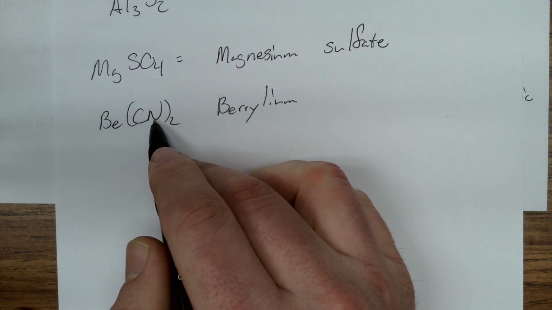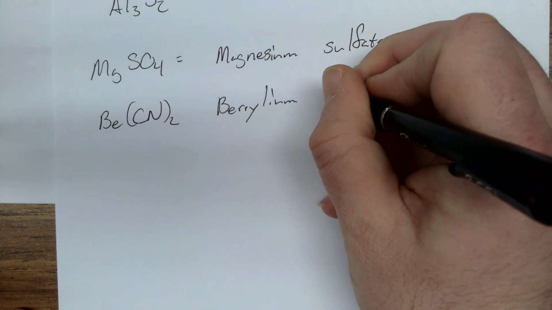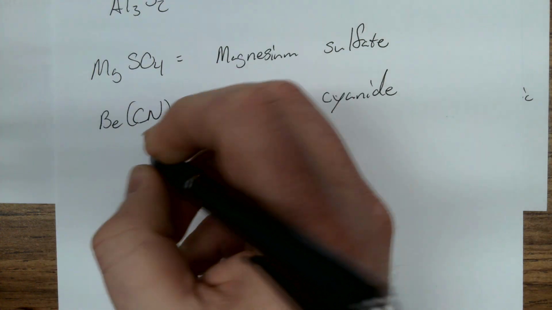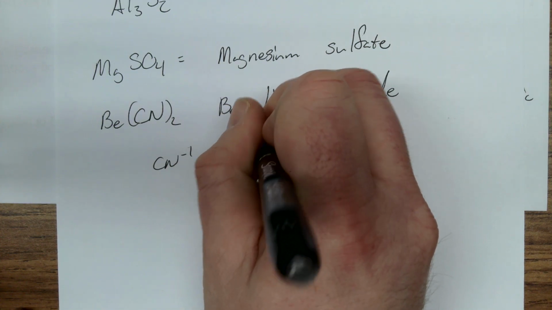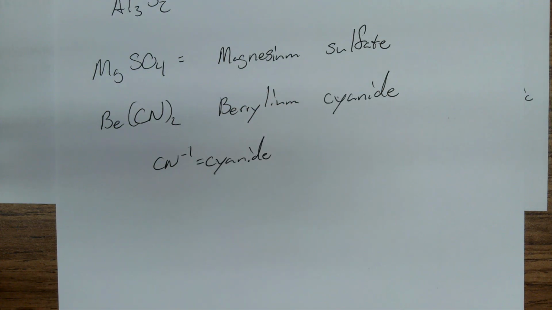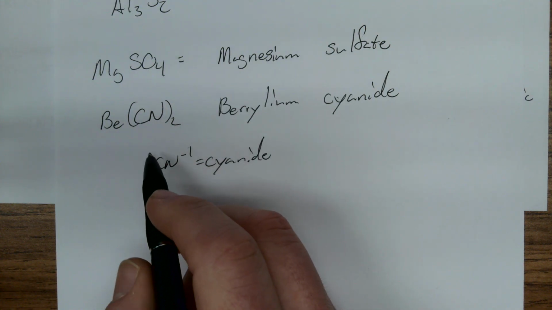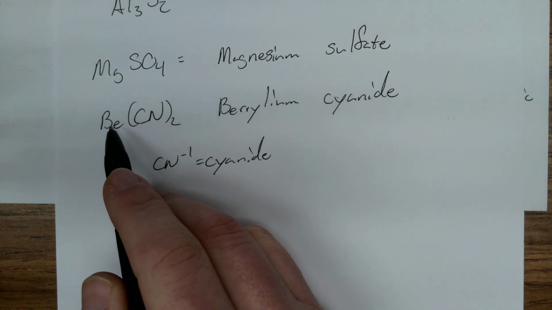Starts with a C. Cyanide. CN minus 1 is my cyanide. Beryllium is the top of my alkaline earth metals column. It can only give me a +2. Cyanide can only give me a -1. So therefore I need 2 cyanide ions for 1 beryllium cation.